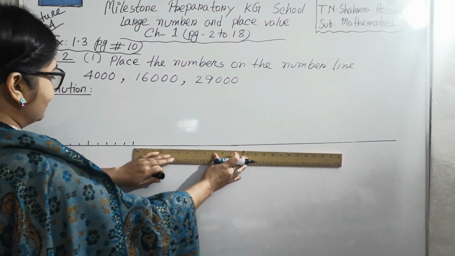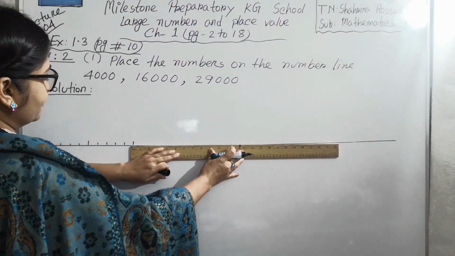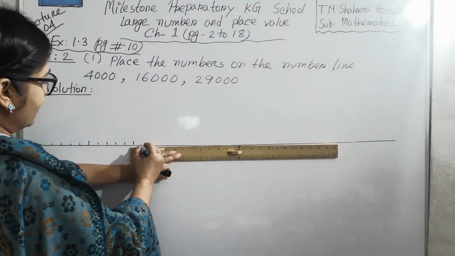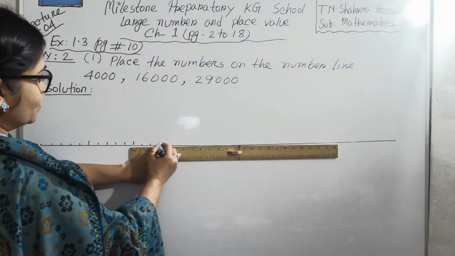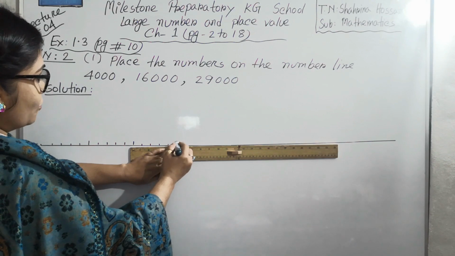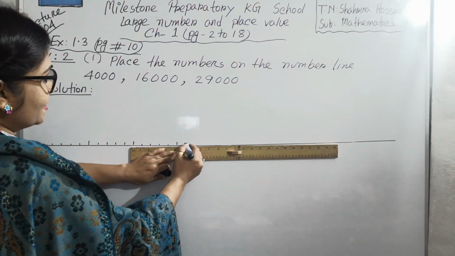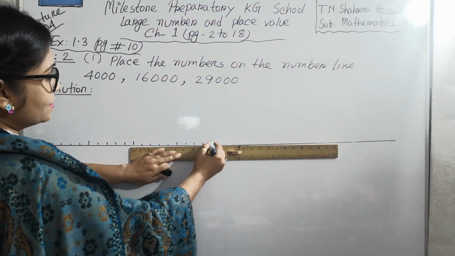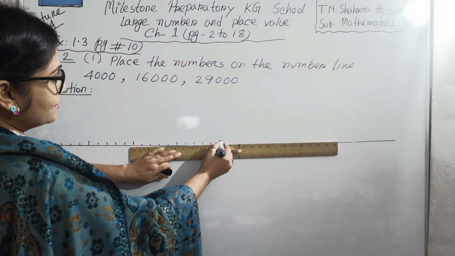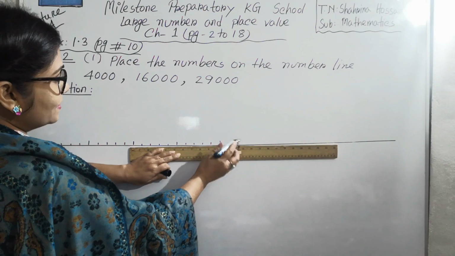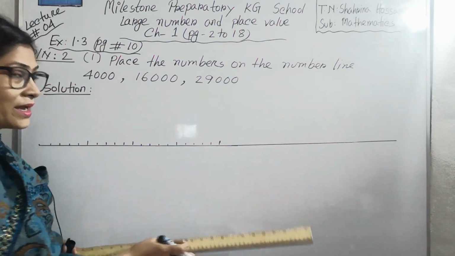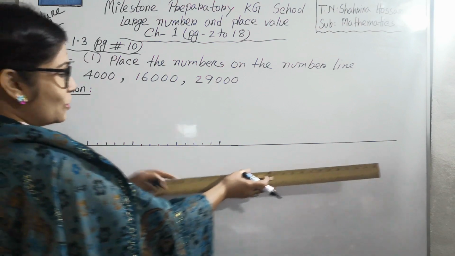Again I start from here. Then 1, 2, 3, 4, 5, 6, 7, 8, 9, then 10. By this way we will draw the whole line.